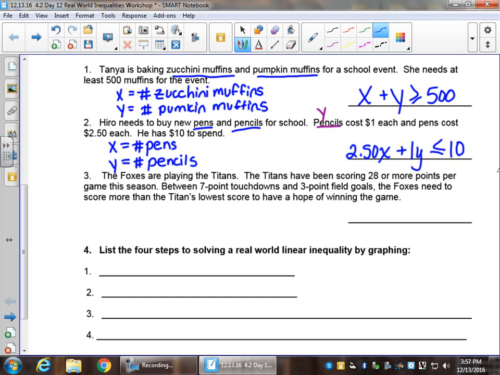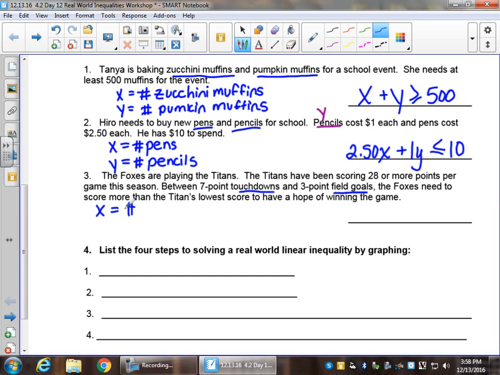Number 3 says the Foxes are playing the Titans. The Titans have been scoring 28 or more points per game this season. Between 7-point touchdowns and 3-point field goals, the Foxes need to score more than the Titans' lowest score to have hope of winning the game. So we've got touchdowns and we've got the field goals. I know how many points you get for the touchdowns. I just don't know how many they need to score.